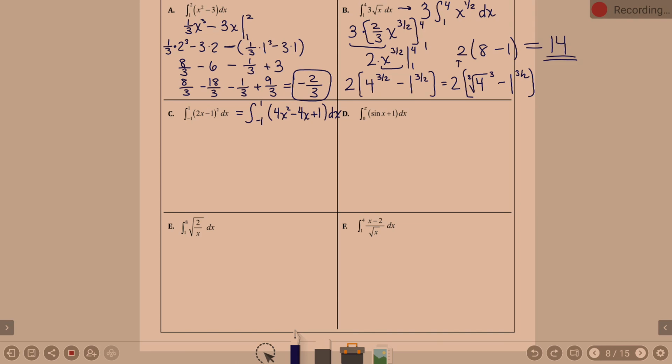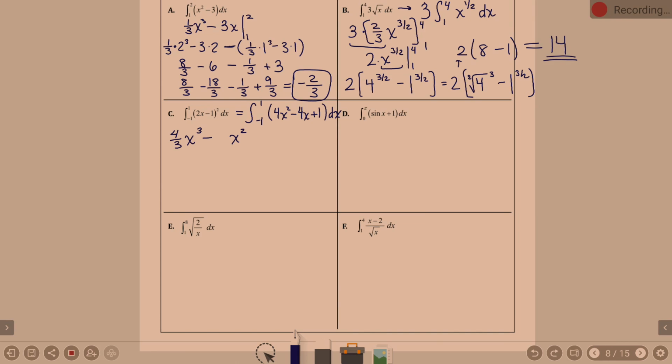Okay. Integral of 4x squared. Add 1 to the power. It becomes 3. Divide by that new 3. I'm going to say 4/3 x cubed. Minus. Add 1 to the power.